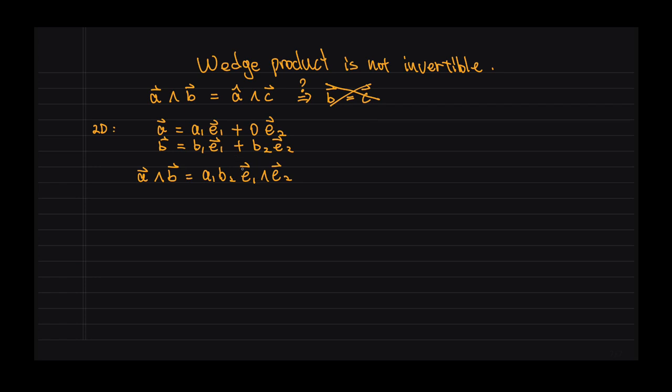And you can see that B1 does not matter. So no matter what B1 is, you always end up with this bivector.